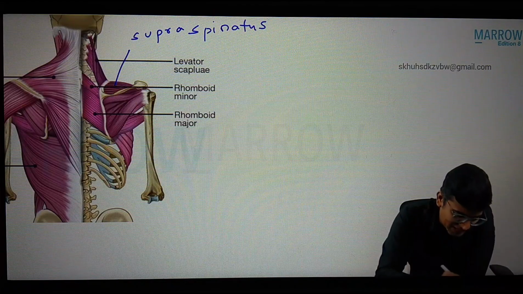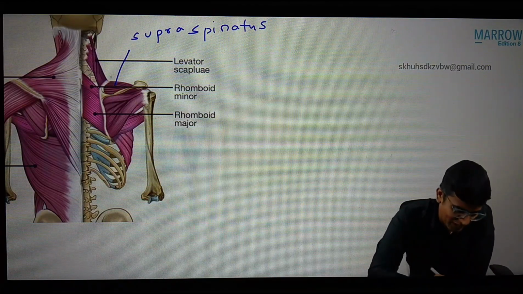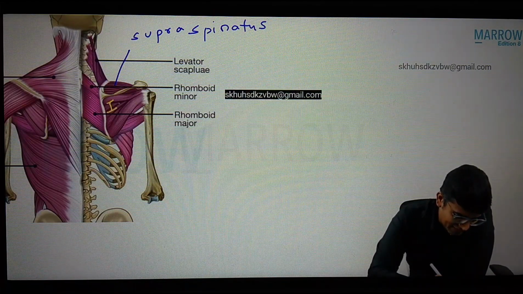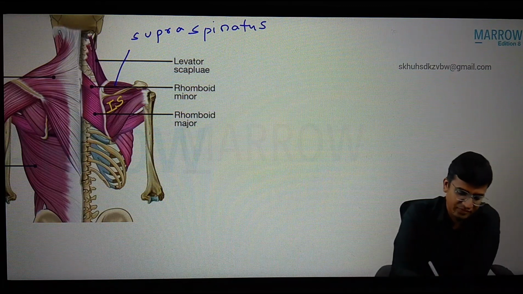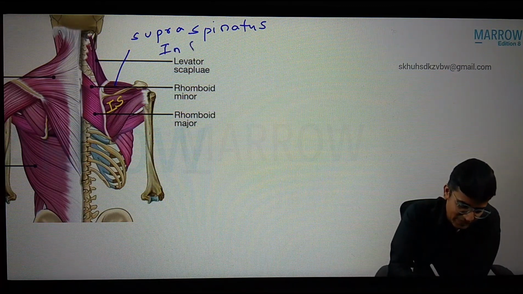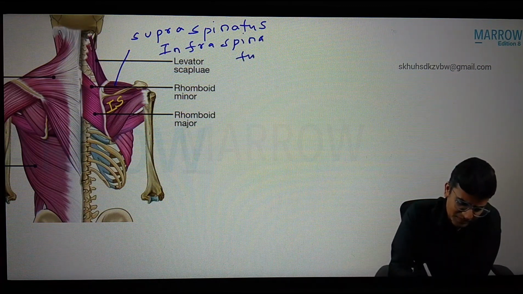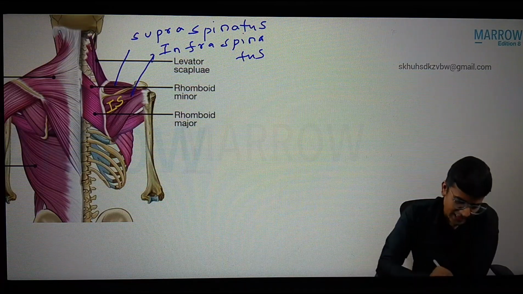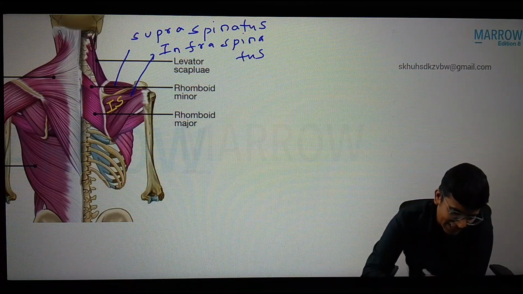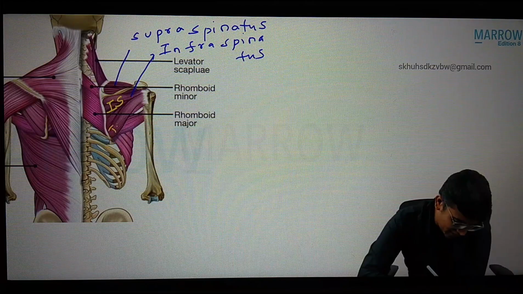This muscle is present below the spine of the scapula: infraspinatus muscle, IS means infraspinatus. And below that we see the teres minor muscle.